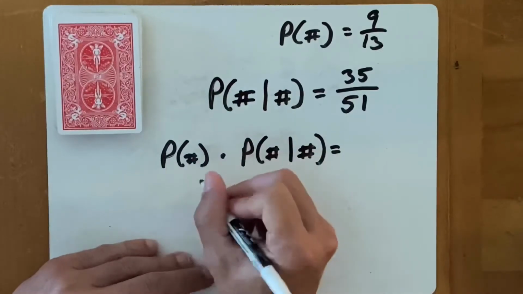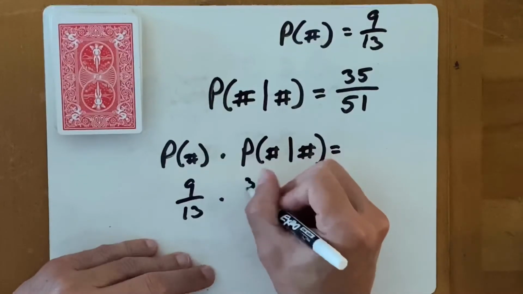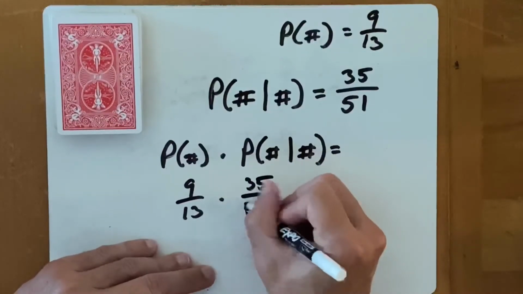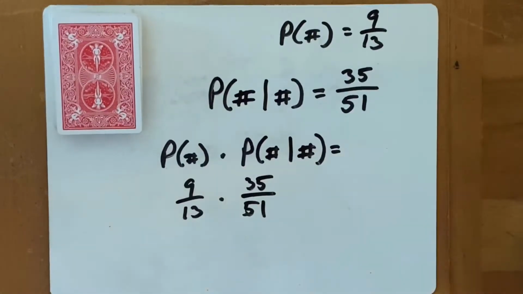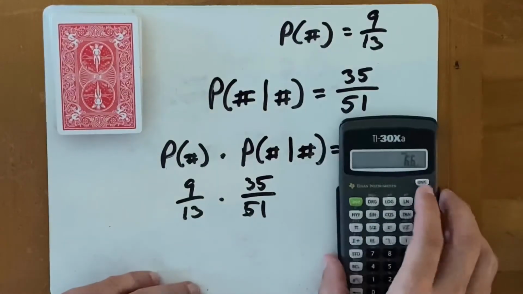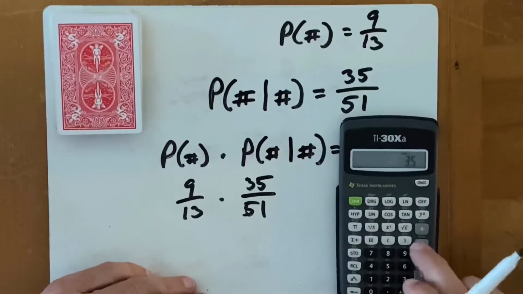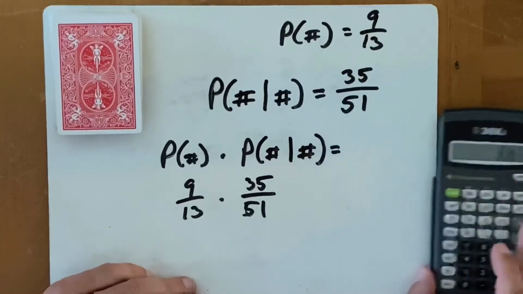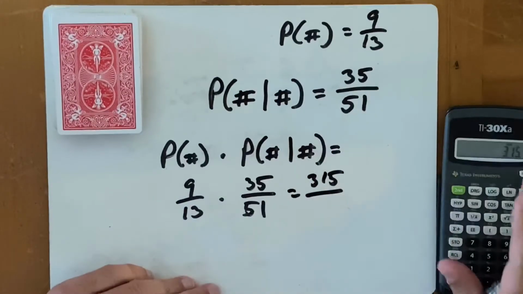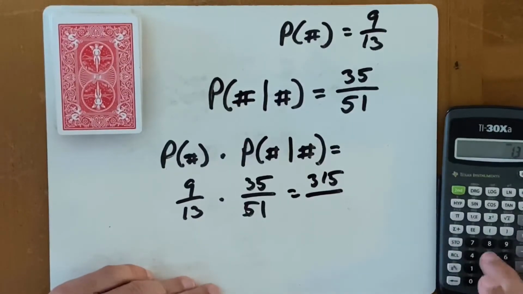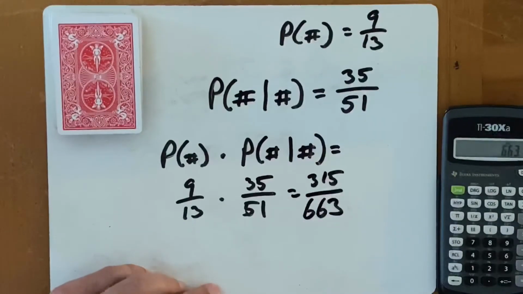So this is going to be 9 out of 13 times 35 out of 51. These are some larger numbers, so we can pull out a calculator and do that. We're going to multiply straight across. 35 times 9 is 315, and then on the bottom, 13 times 51 is 663.